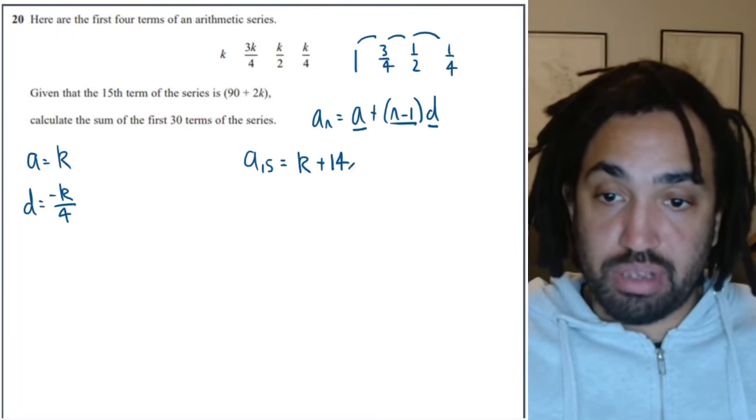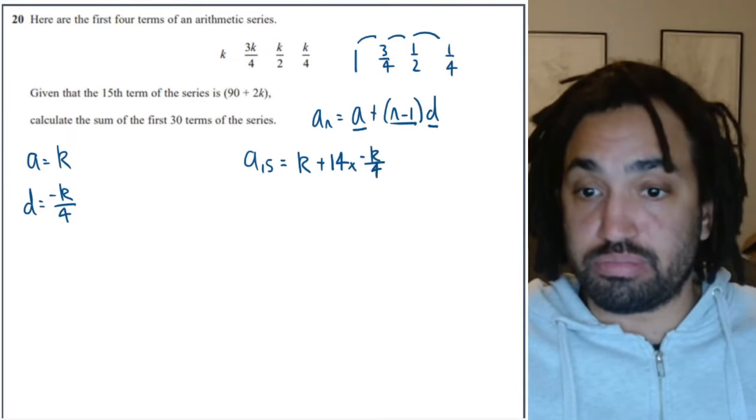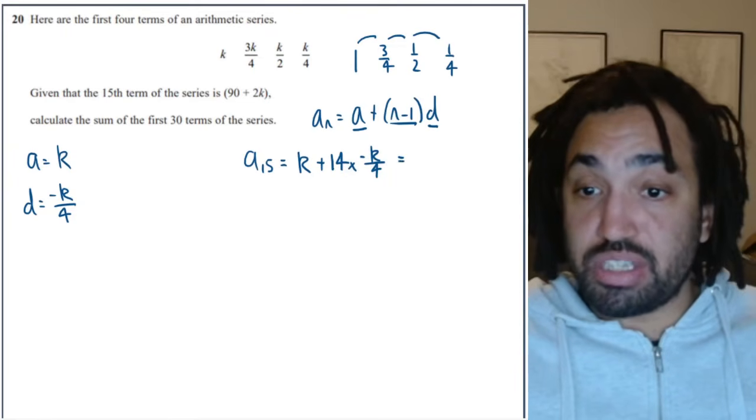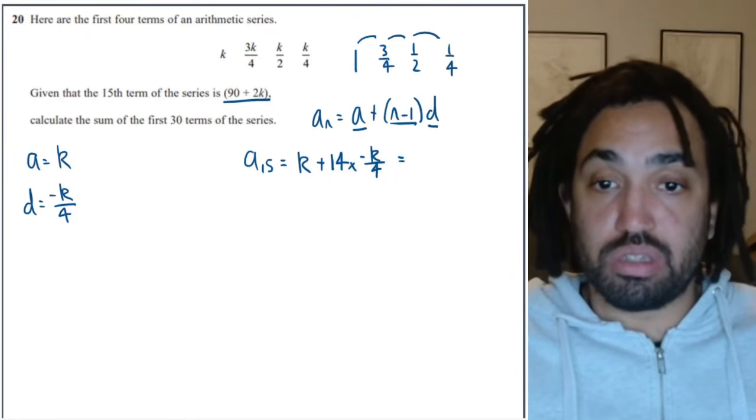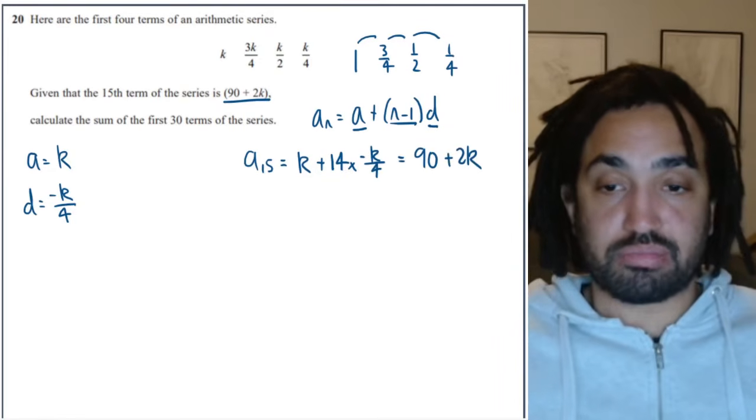And d, we know, is minus k over 4. And this is equal to, we're told, 90 plus 2k.